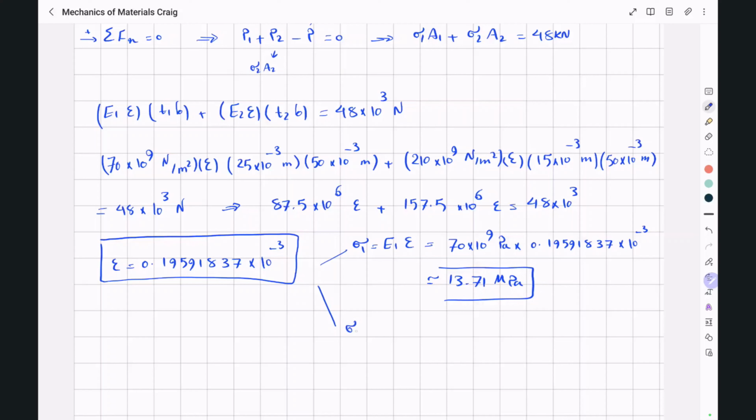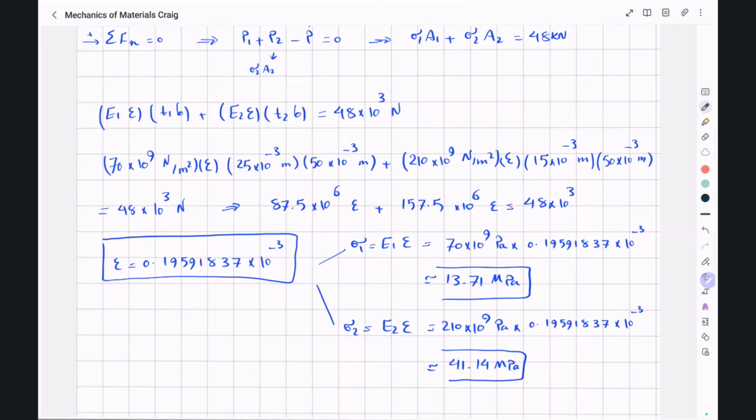And for sigma 2, we have E2 epsilon, or 210 multiplied by 10 to the power of 9 Pascal, multiplied by this value, which is approximately equal to 41.14 megapascal. So this is the value of our sigma 2, and we have determined the two values asked in part A of the question. And now we can move to part B.